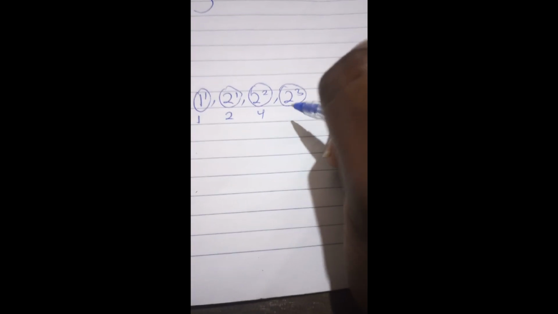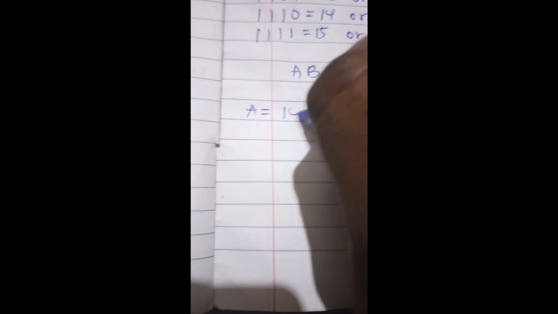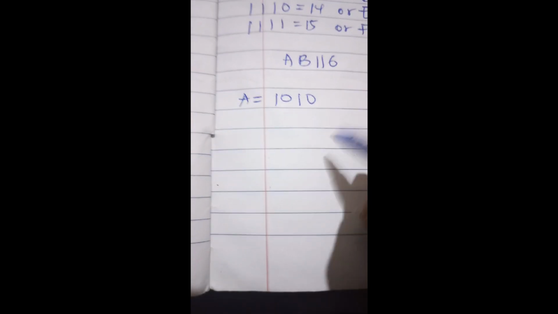Now we have 1, 2, 4, 8. Let's turn it and start from 8 in descending order, not ascending order. So in descending order we will have 8, 4, 2, 1 instead of 1, 2, 4, 8. Hope you understand. This 8, 4, 2, 1 is a code that will guide us to understand the question and to solve it in all aspects.